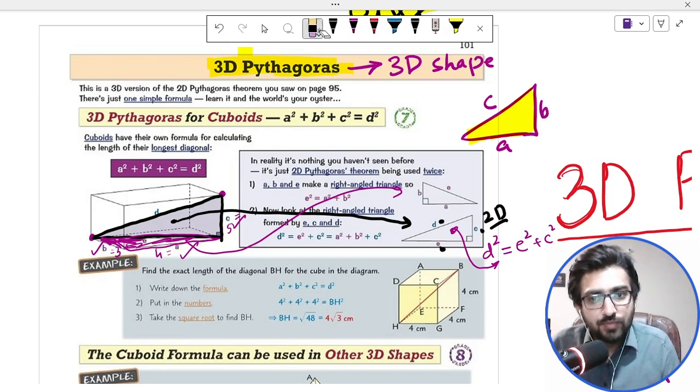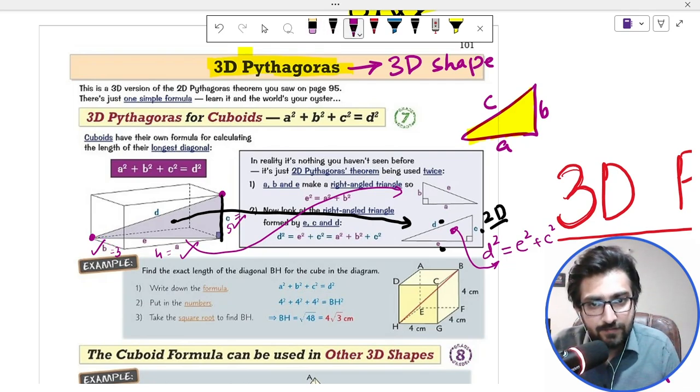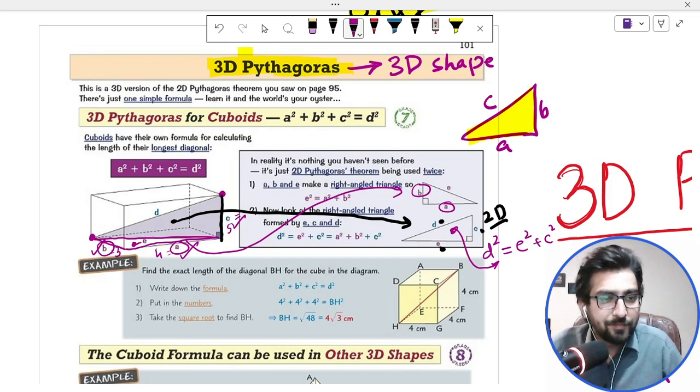Compare now. That is E, the longest side. This is B, and that is A. I have just taken this triangle and written it there.